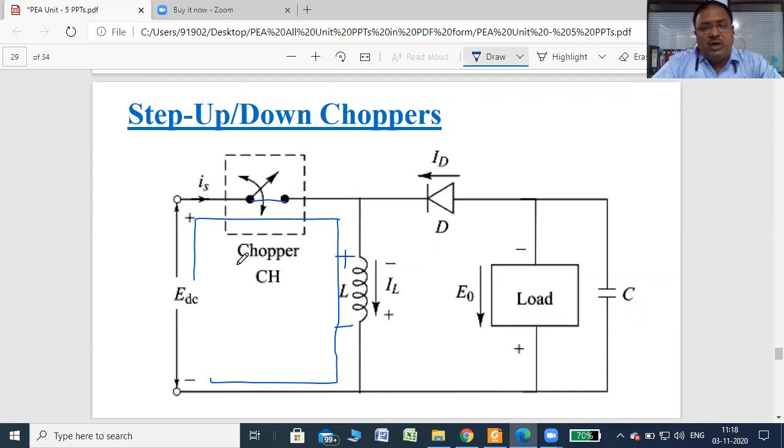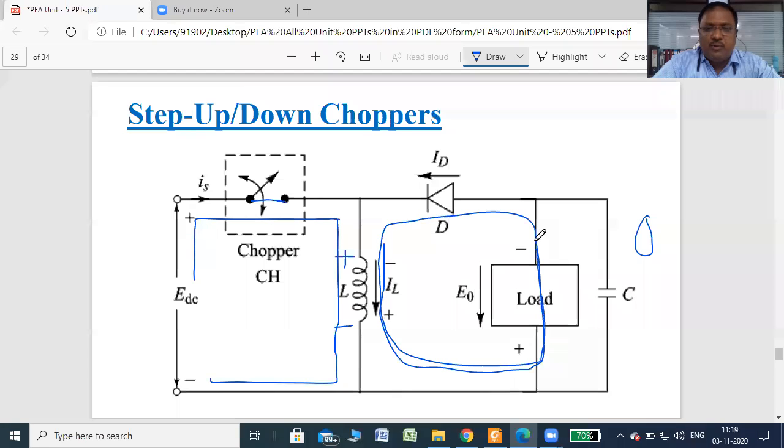This is the on time, so the output voltage is equal to 0 during this time. Now, when the switch is off, the polarity of the stored energy is reversed, as shown in the figure: upper terminal negative, lower terminal positive. Then current starts to flow through the load and through the diode. This is a freewheeling diode, right? So this is the working.